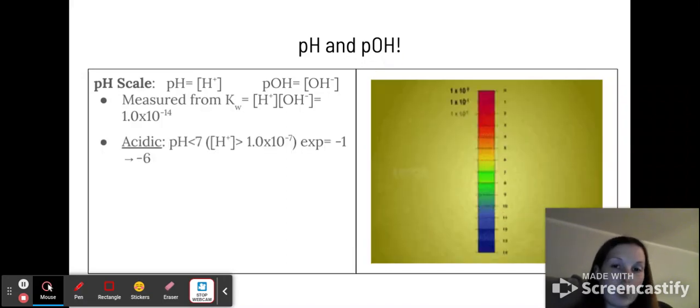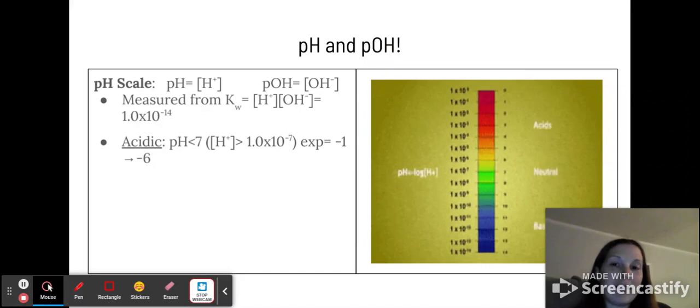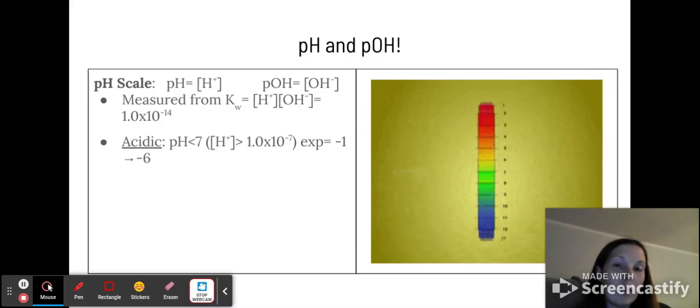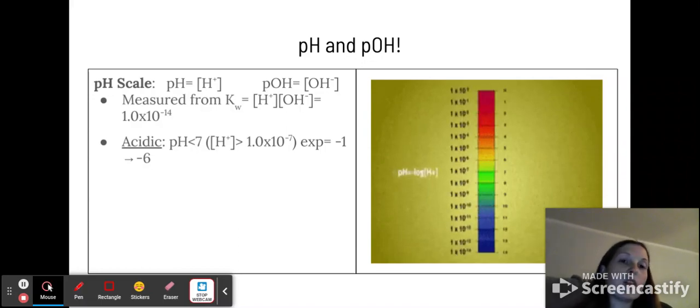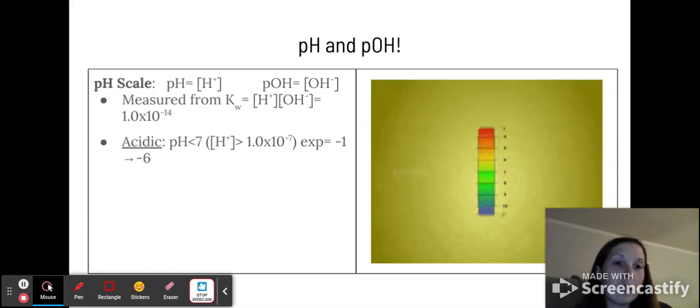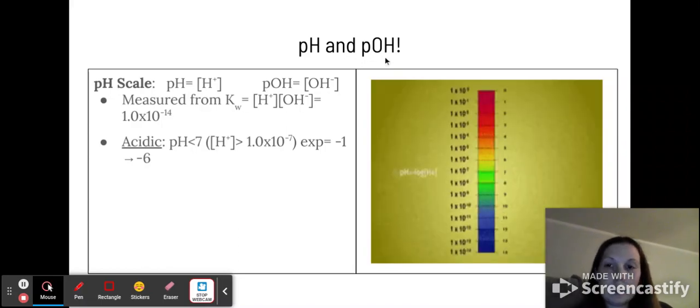For an acidic solution, the pH should be less than 7, which means we have a very high H+ concentration, so 1.0 times 10 to the negative 7th or greater. That means your exponent is going to be -1 to -6, because remember, the smaller the numerical value on a negative exponent, the larger the number is.